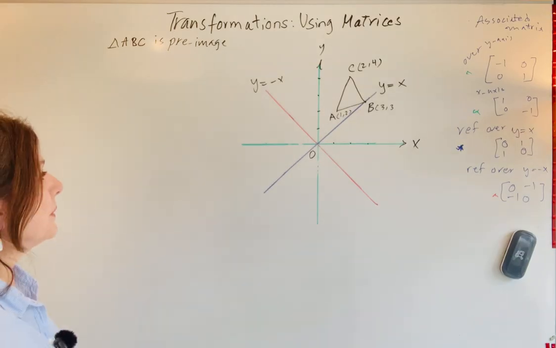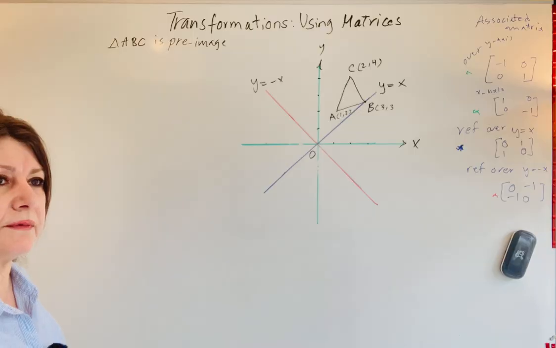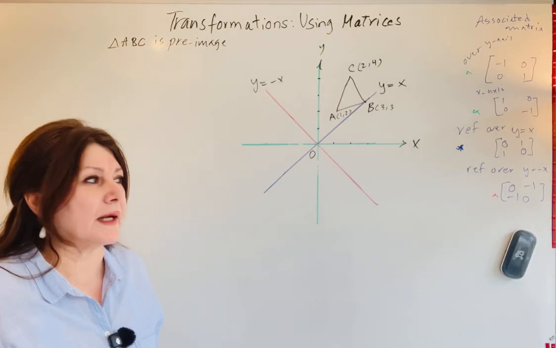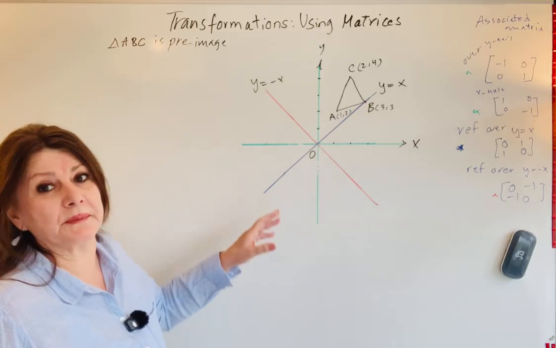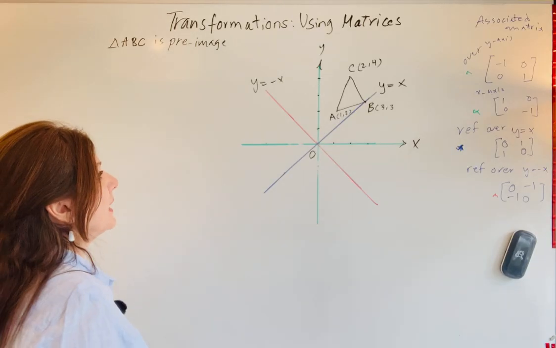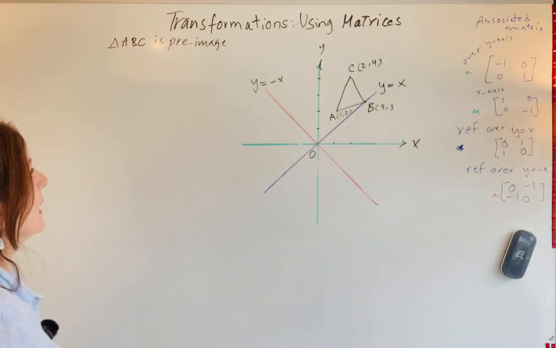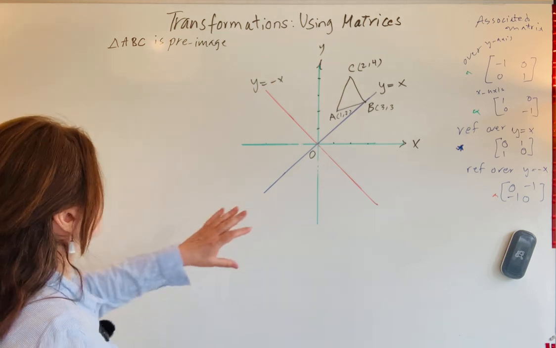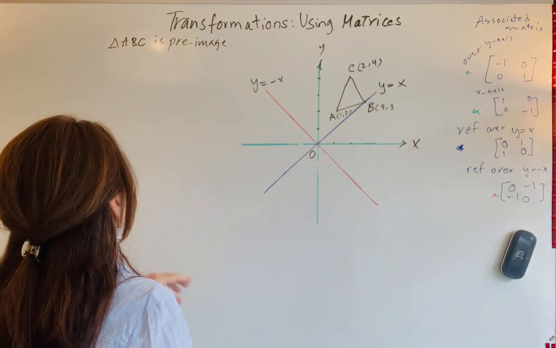If you checked my previous videos, you can see that I worked everything without using matrices, just algebraically. But today I want to show you how to use associated matrices to do these transformations.